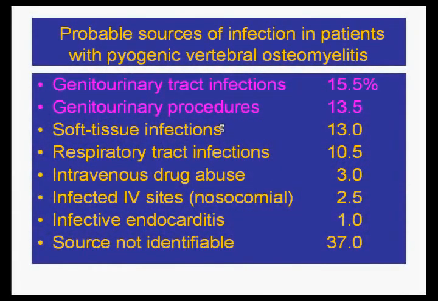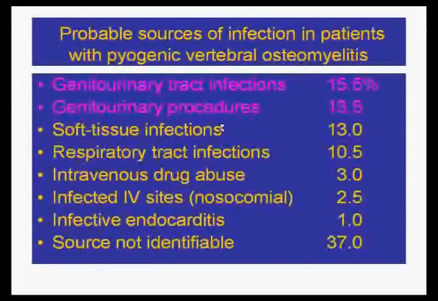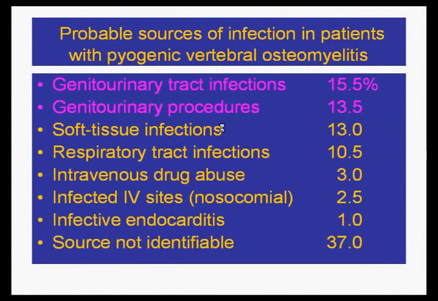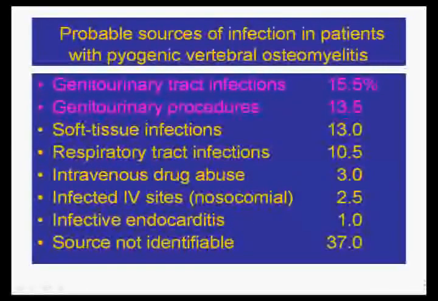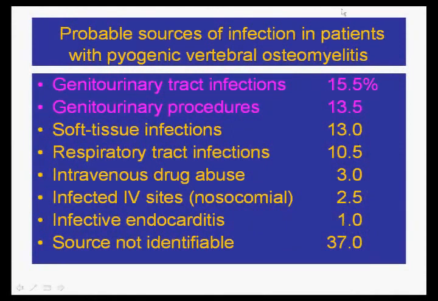So this is hematogenous osteomyelitis, which means that the organism got to the vertebra through the bloodstream, and it got there because there was a primary process elsewhere that allowed the organism to come into the bloodstream and get to the vertebra. And in about 37% or so, we can't figure out where the primary process was. Of the remaining, about half of them are genitourinary tract infections and genitourinary procedures, like cystoscopy and the like.